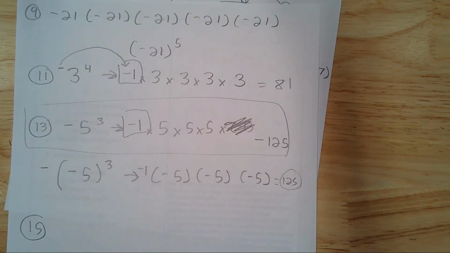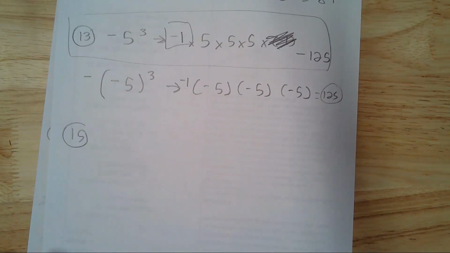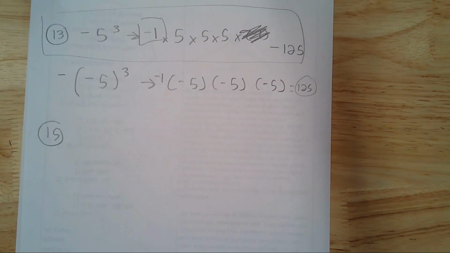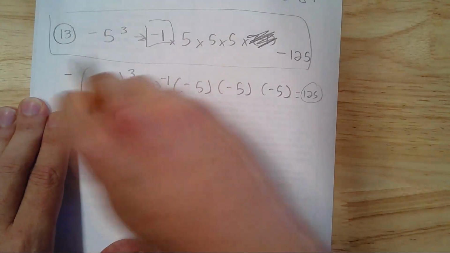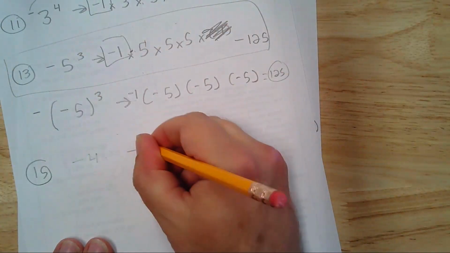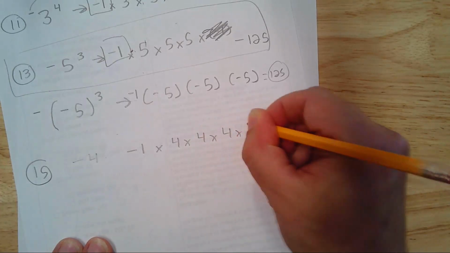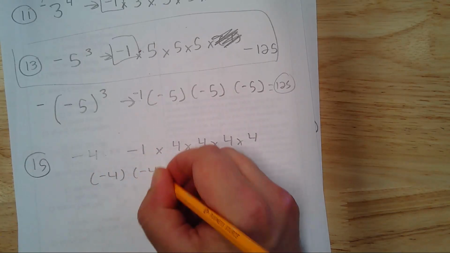How's this one gonna look? Okay, let's see. And again, there's really two ways this could go. It could be the opposite of 4 to the 4th power, or it could be this.